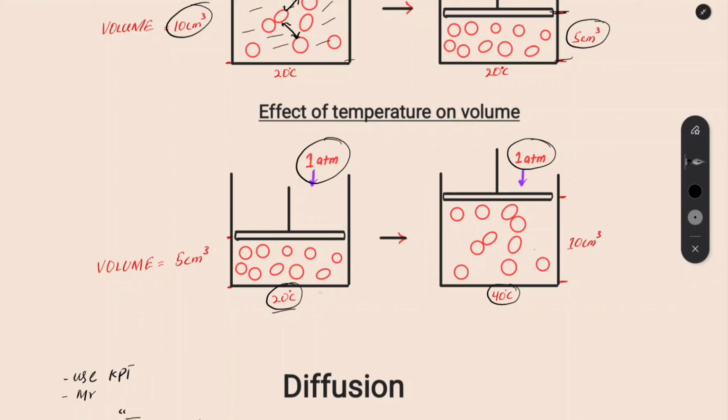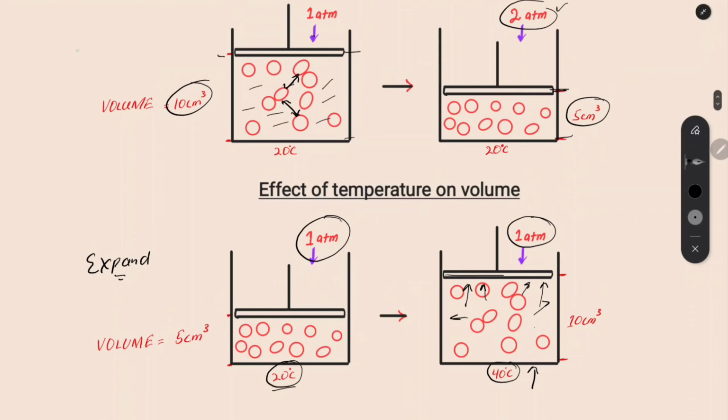If you further heat this container up to 40 degrees centigrade, the heat which you are providing is converted into kinetic energy, and that kinetic energy will allow these particles to collide with each other and with the wall of this container, and these particles will move away. During this whole process, they will apply pressure on the wall of this container, and this wall will move upward, so the gas will expand. So by increasing temperature, the gas will expand, and by increasing pressure, the gas will compress.